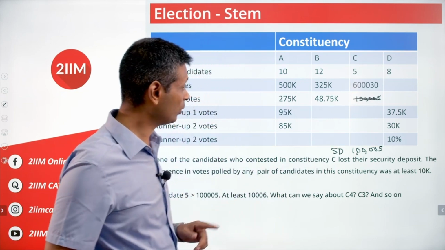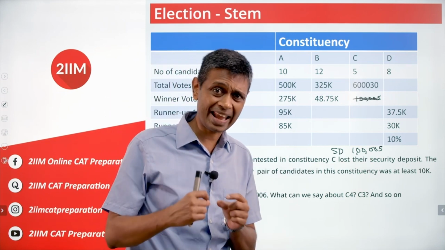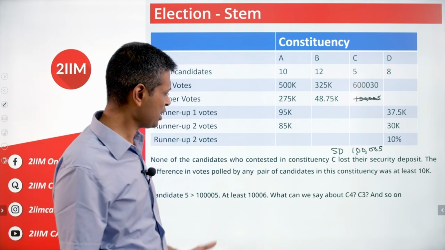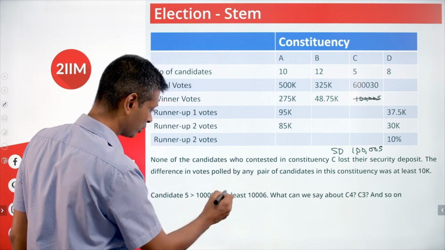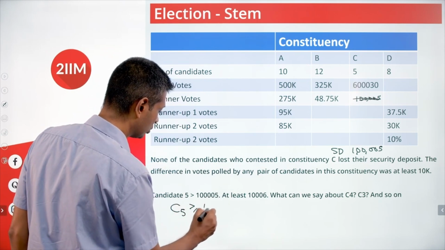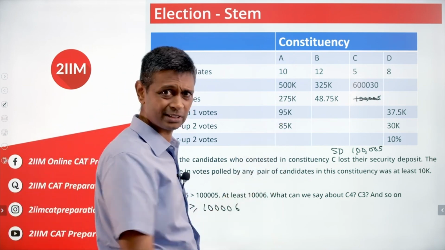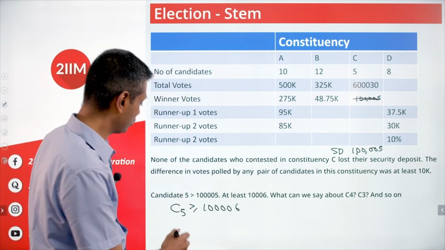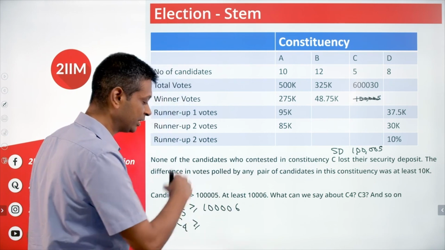Beautiful. That's not the only thing. So we also know that among the 5 candidates, the gap between any 2 of them is at least 10,000. It's brilliant. So the least one, candidate 5, has got more than 1,05,000, or candidate 5 got greater than or equal to 1,06,000. And so I'm going to write it down like this. Why? Because candidate 4 is greater than or equal to 1,06,000 plus 10,000.